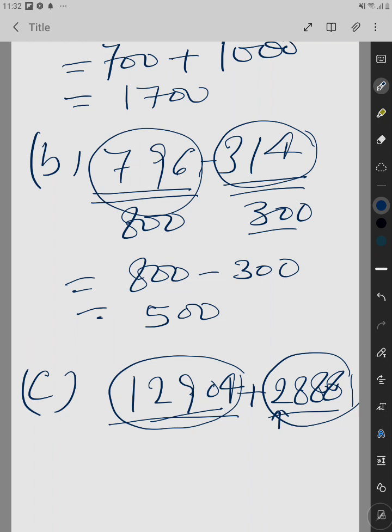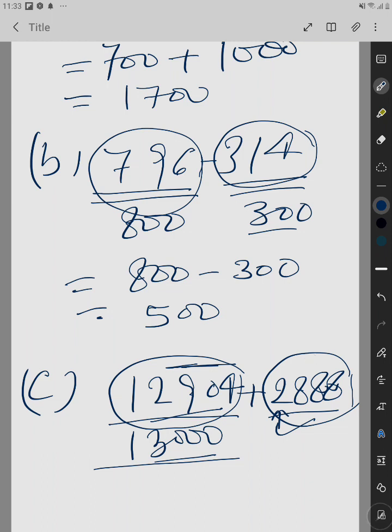Okay, so let's go and solve it further. So nearest 1000 of this number and this number we will see. So for this number, 12,904, we will round off, then it is nearest to 13,000. We are considering the nearest 1000, not 100. If we would have considered it as the nearest 100, then it would have been 12,900 only.